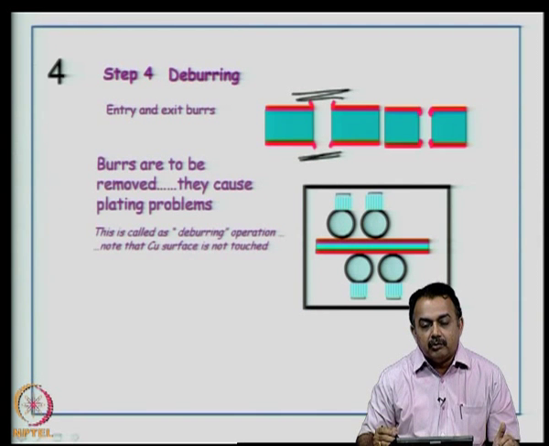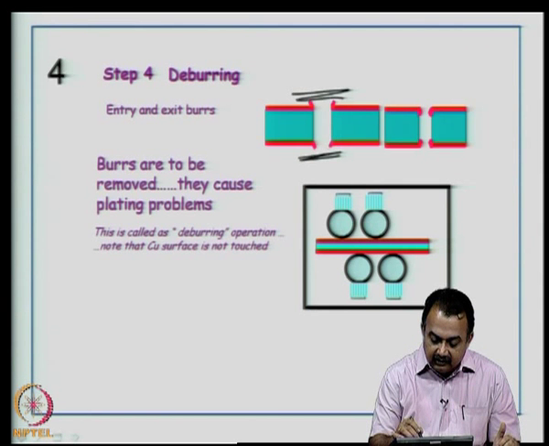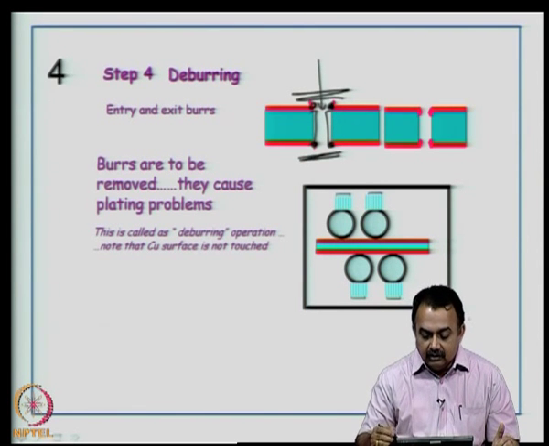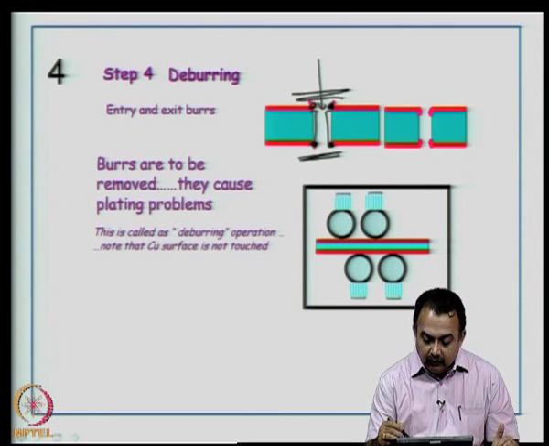If you do not remove this, these are going to act as high density areas where your plating can get kind of uneven thickness compared to the hole wall, and you cannot insert your component through this. So, you have to get a very clear hole wall. Now, one of the things that you can do is push the burr inside the hole wall.